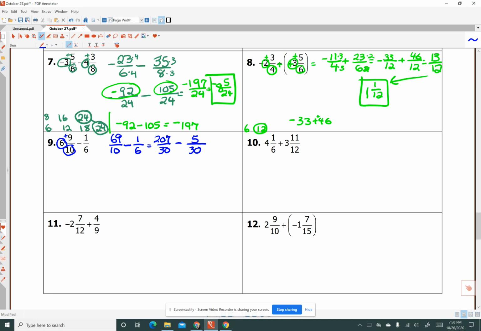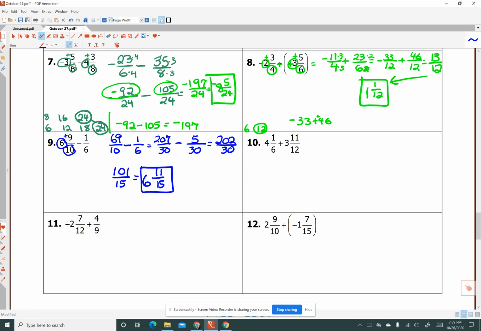So 207 thirtieths minus 5 thirtieths equals 202 thirtieths, which we can immediately divide by 2 and turn into 101/15, or 101 divided by 15 is 6 and 11/15.